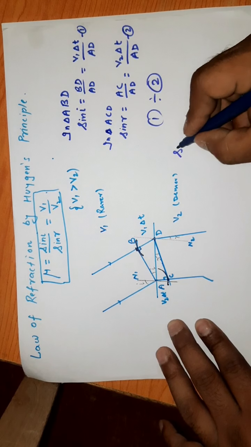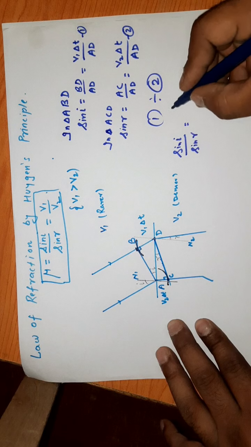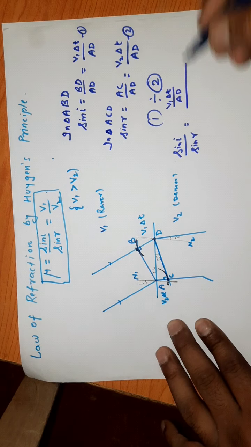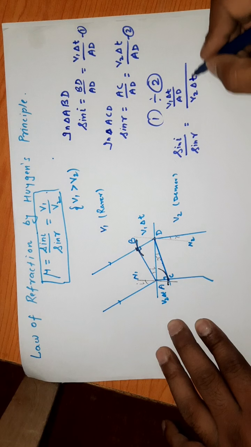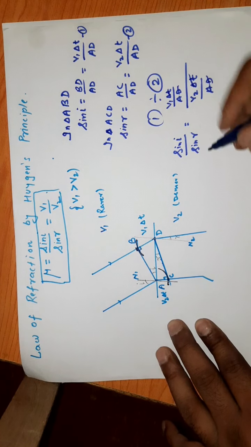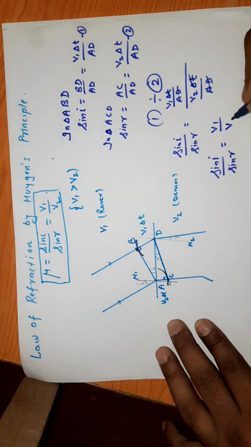What we will get is sine of I upon sine of R is equal to V1 delta T upon AD divided by V2 delta T upon AD. AD will cancel out. Delta T will cancel out. We get sine of I upon sine of R is equal to V1 upon V2.